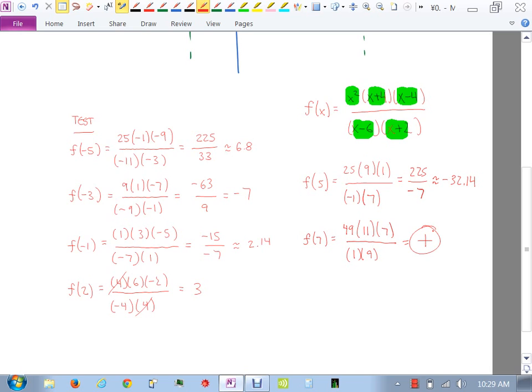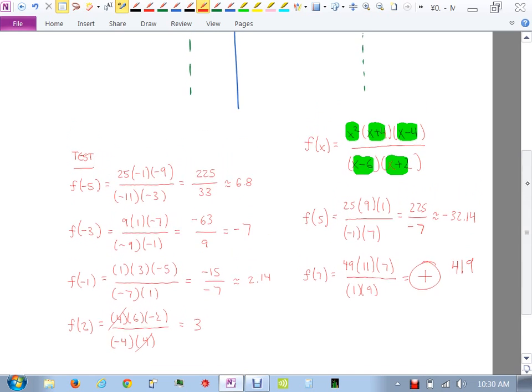It's a big number, but it's positive. 3,000 something, and then divide by 9. All right, 419, whatever. It's a big number. We're not going to be able to put that on our graph, right? It's going to be way off. But that's okay.